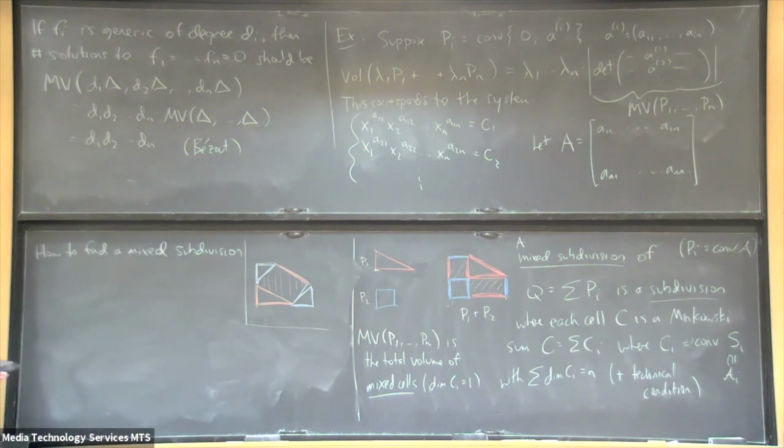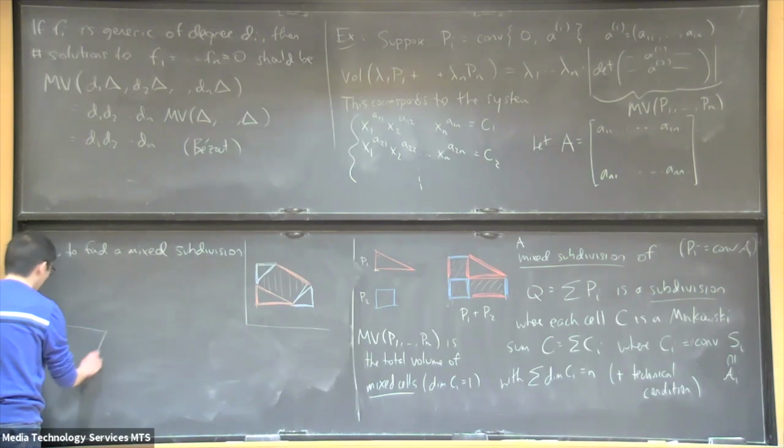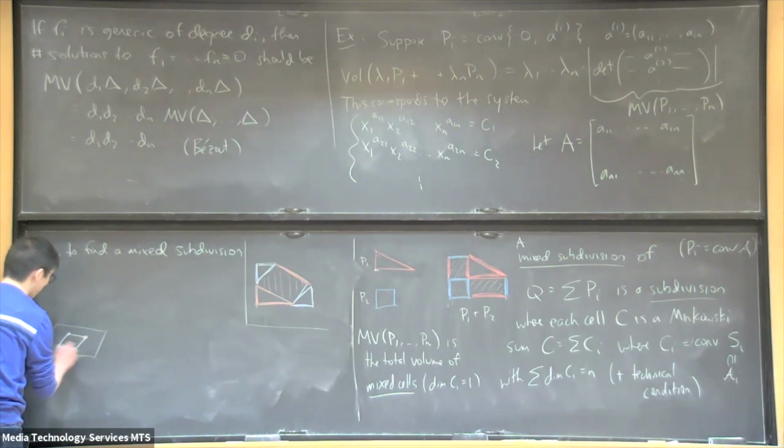So the basic idea is that you can do this kind of lifting thing. Let me draw a picture here. Suppose first I want to just find a triangulation of a polytope. Maybe it's like a square or something like this.